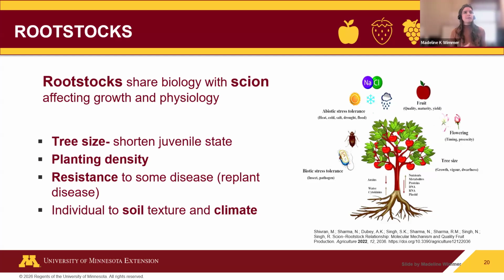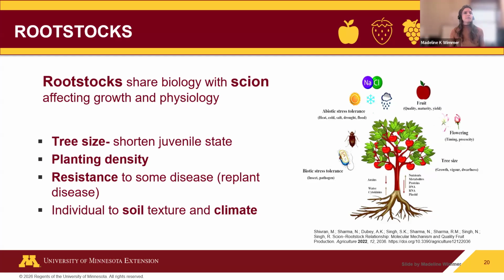Well, especially for apple trees, rootstocks change the tree's size and how quickly that tree comes into bearing fruit. So instead of waiting 5 to 8 years for an apple tree to bear fruit and having a tree that's 15 to 20 feet tall, you might be working with a tree that is much shorter and starts to bear fruit within 2 to 3 years after planting.